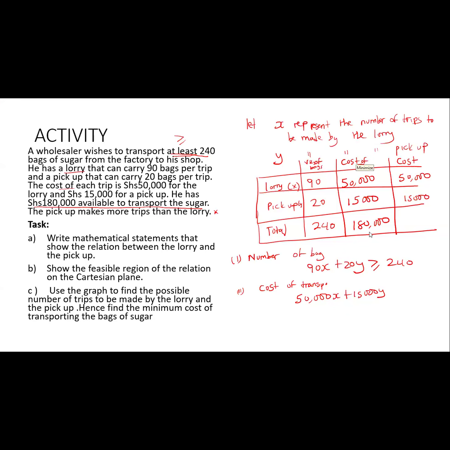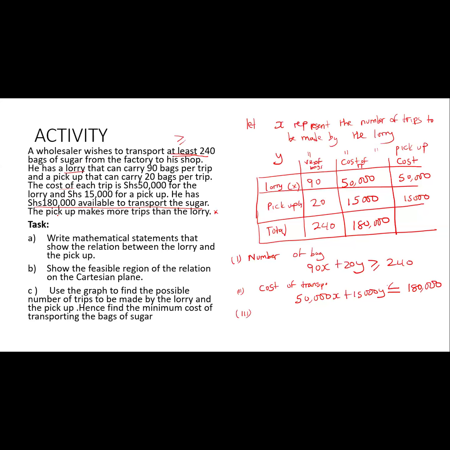Since that is the amount he has, it can't go beyond that. That is the amount your parent has given you. So you say less than or equal to 180,000.